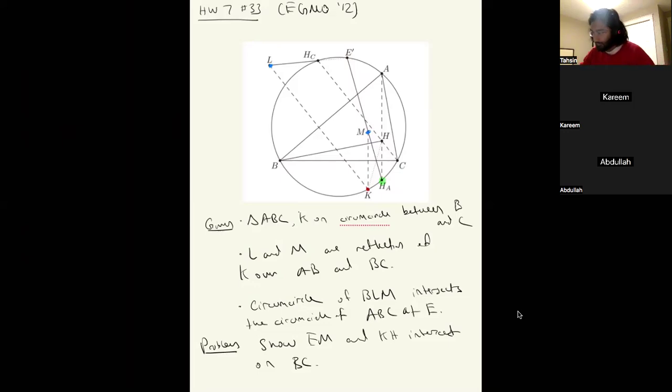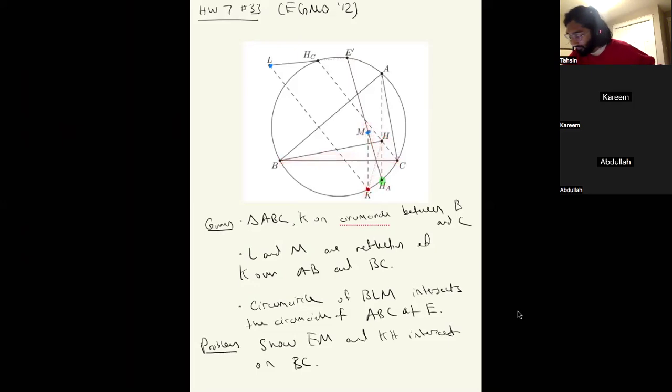So H and H_A are reflections over BC. And then what we observed is that K and M are related by reflection, and H and H_A are related by reflection. So actually, these two, KH and MH_A, already intersect on BC.